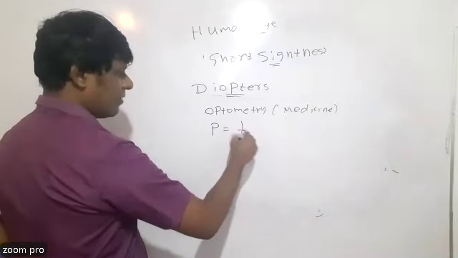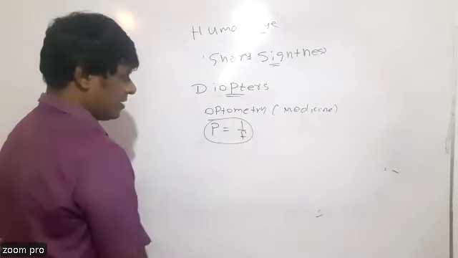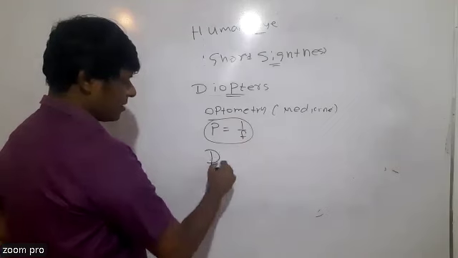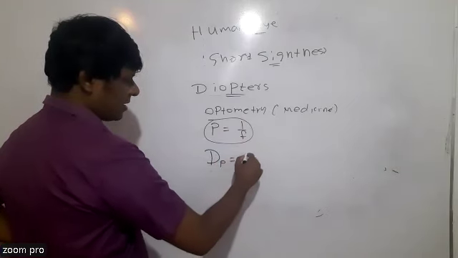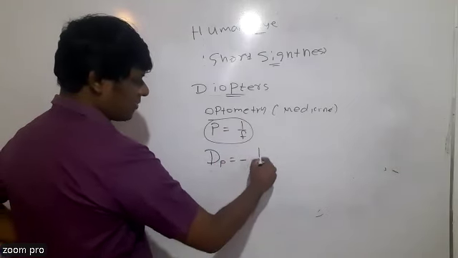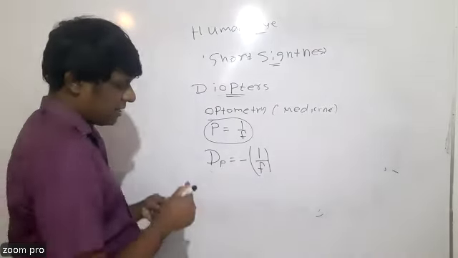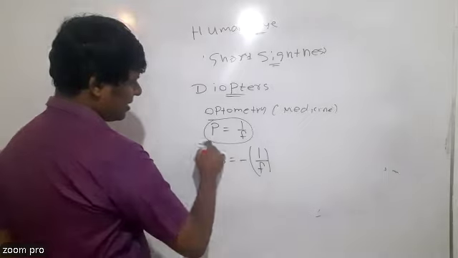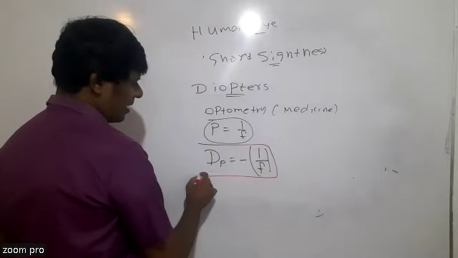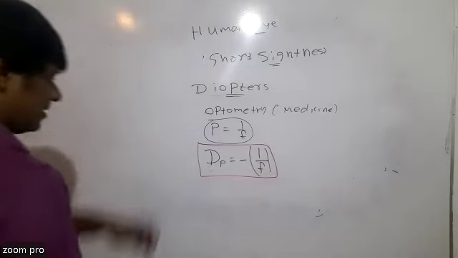Okay, we know the regular case. What is it? 1 over f. This is how we measure. But in diopters, power in diopters is what? Minus 1 over f. I will tell you why I included the minus sign here.